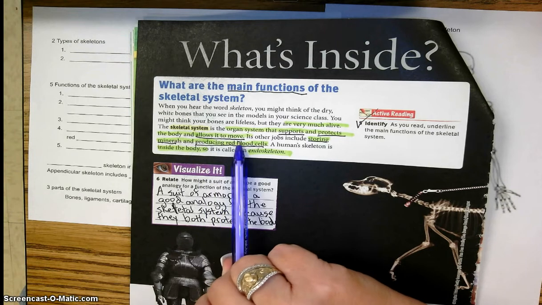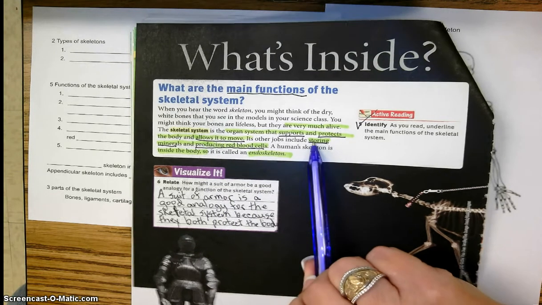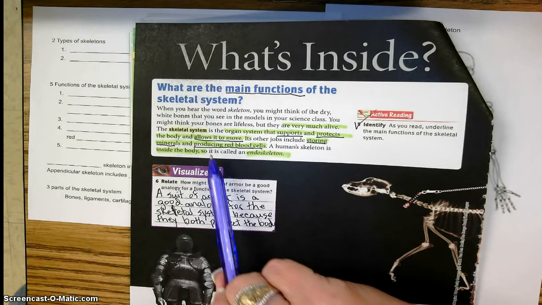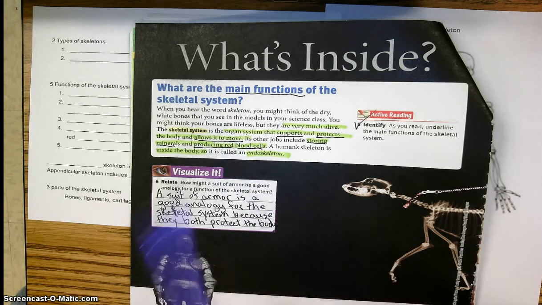It allows you to move in conjunction with the muscular system. It is a place that can store minerals like calcium and phosphorus, and it also produces some of your blood cells, red blood cells and white blood cells, in the bone marrow.